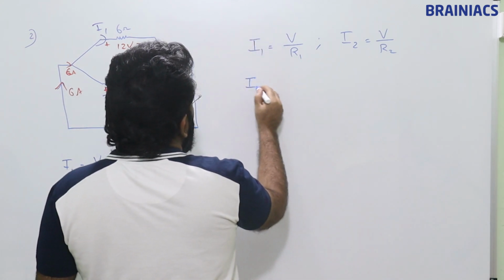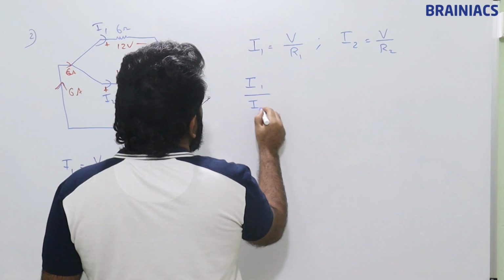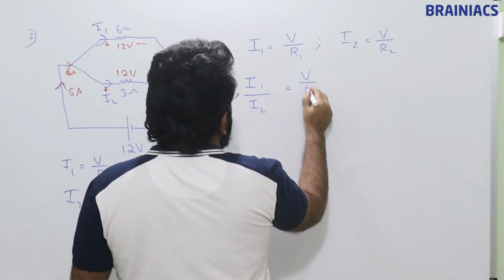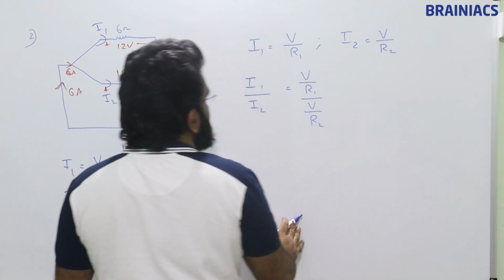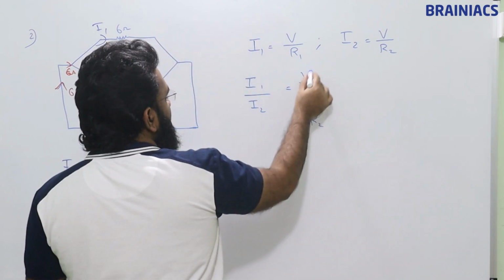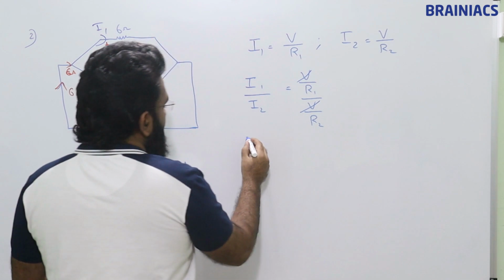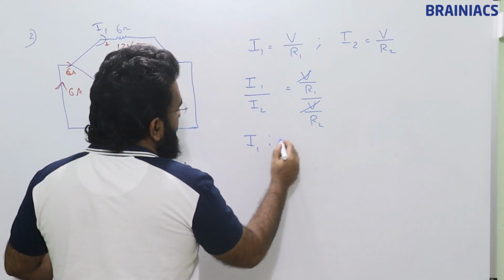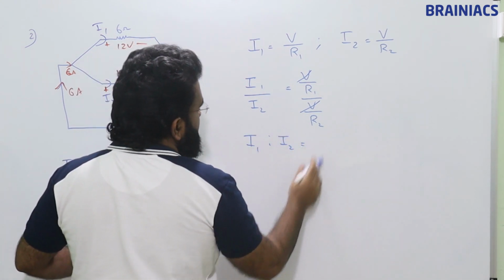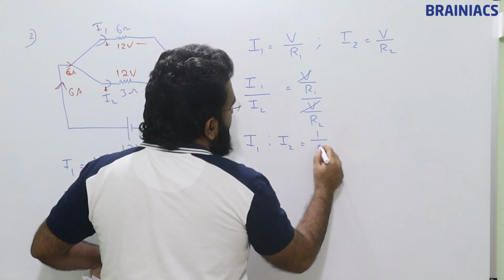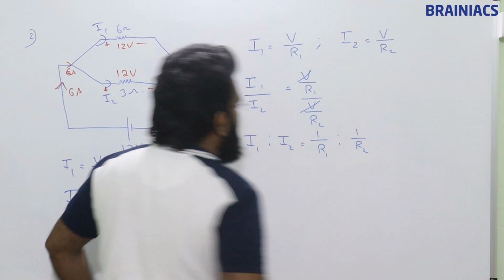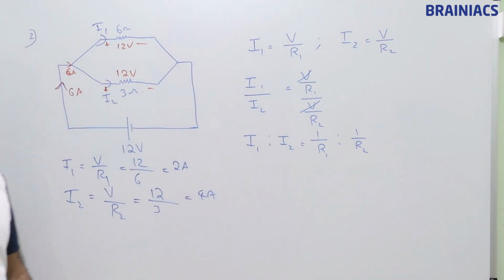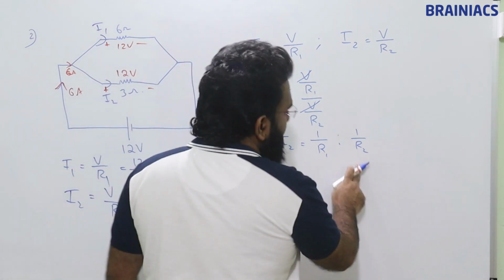Now I1 by I2 is equal to V by R1 divided by V by R2. So this V gets cancelled off. We can write the ratio of I1 is to I2 is equal to 1 by R1 is to 1 by R2.